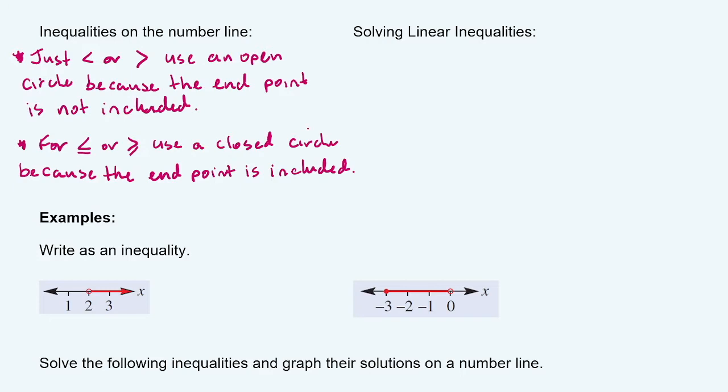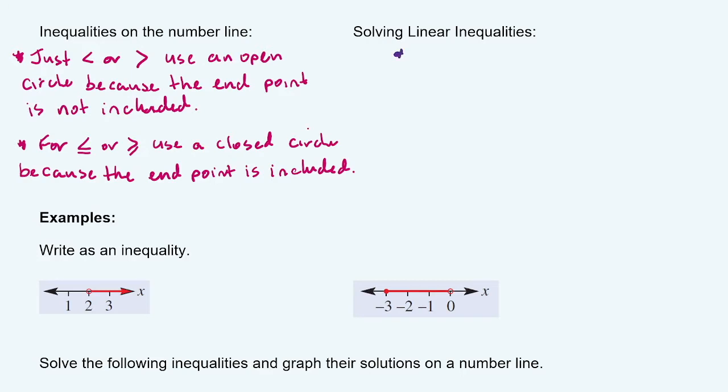Now, in terms of solving an inequality, which is an equation where the two sides are not necessarily equivalent, there are a couple of little rules. Most of them are exactly the same. Whatever you do to one side, you must do to the other. There are a couple of notable exceptions.